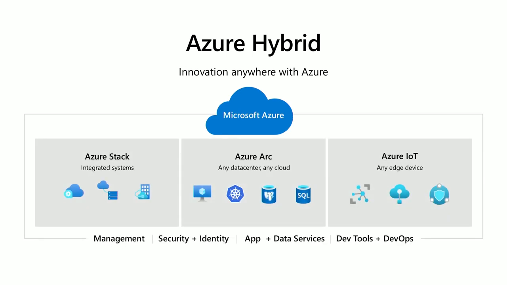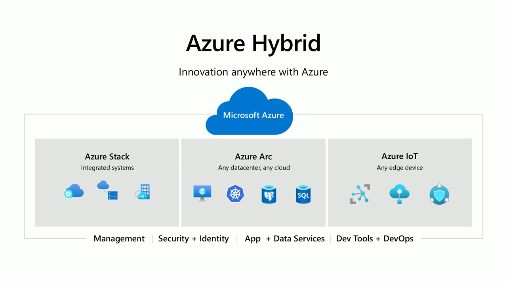And when you look at hybrid, and hybrid is something that there's going to be a lot of discussion on this week, we are taking a comprehensive, multi-dimensional approach. So on the left-hand side, you have Azure Stack. Azure Stack is Azure consistent infrastructure. So if you're looking to buy new hardware, if you want compute, if you want storage, if you want intelligence, soup to nuts, we have a portfolio of Azure Stack solutions.